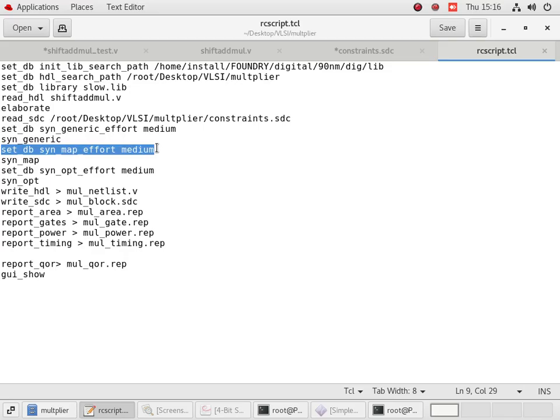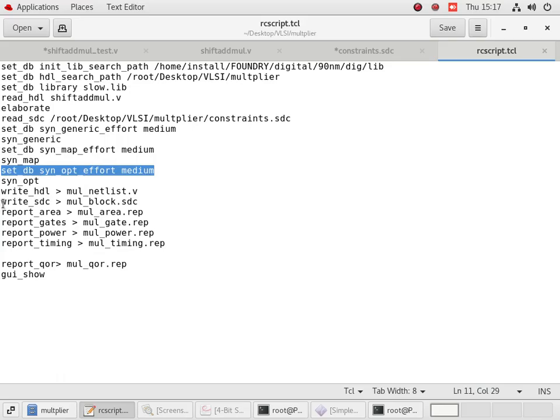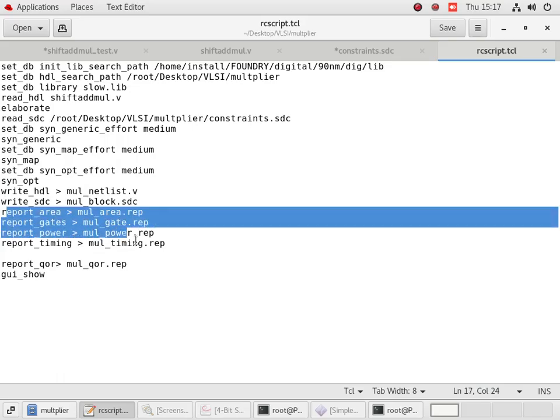That means it controls how much effort the tool has to put in mapping the design to the target technology library. Next, optimization: the optimization level, to what extent it has to optimize, is also set to medium. Then all this is to generate the report.